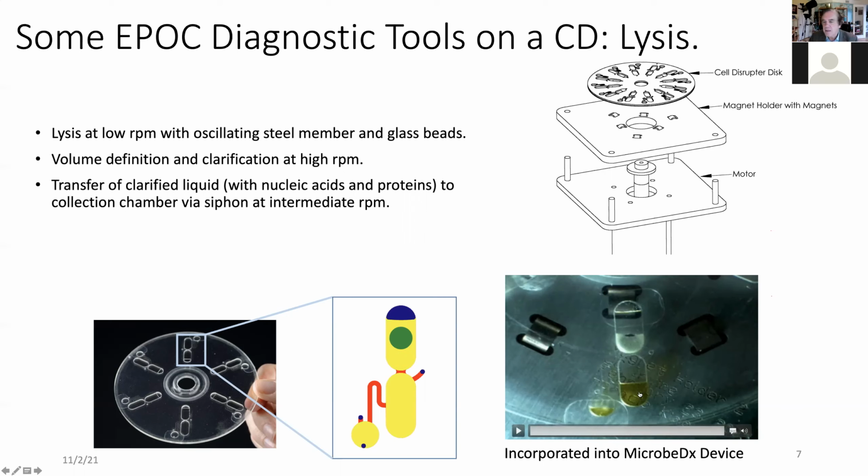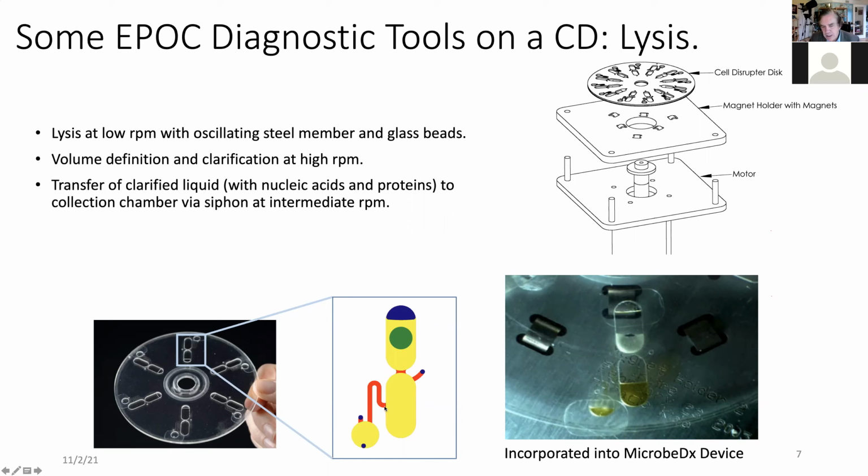So that is one function to kind of teach you on how this platform works. So lysis happens at low RPM with oscillating steel member, that disc, and glass beads. Volume definition and clarification is at high RPM, right?